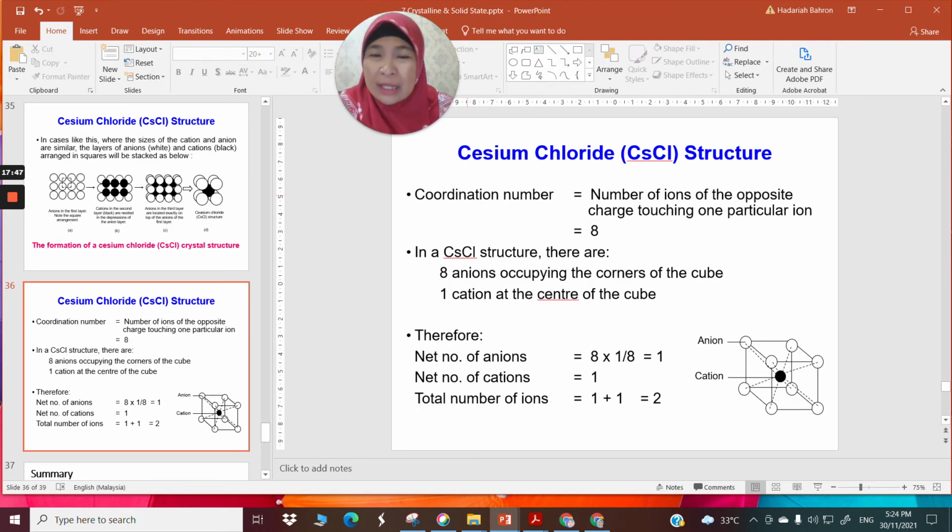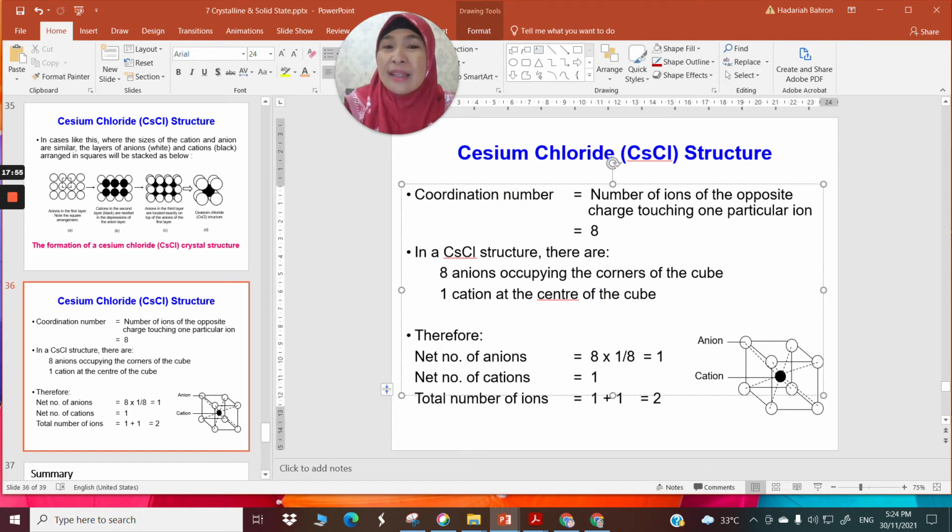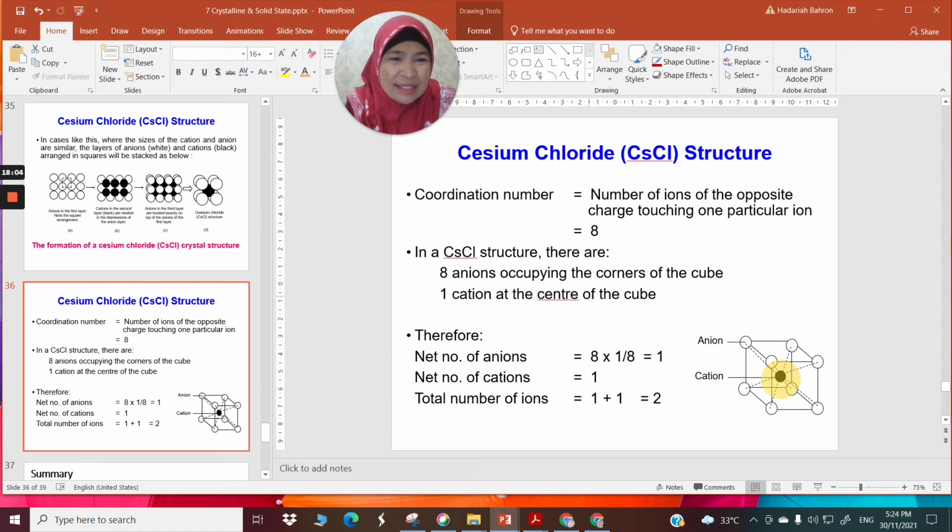And how do you count the number of cations and anions in the cesium chloride structure? Well, before we count the ions, we just have to look at the coordination number. The number of ions of the opposite charge touching one particular ion is 8. This is really very easy to see in this case.